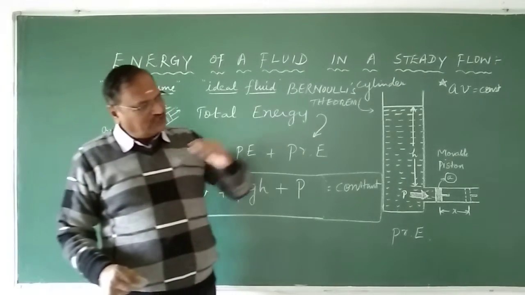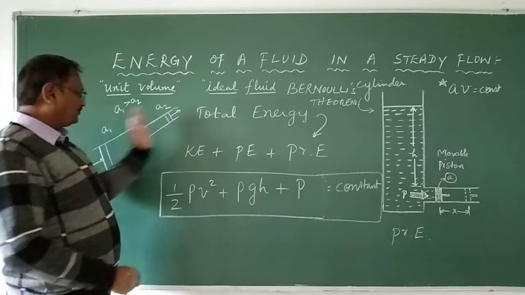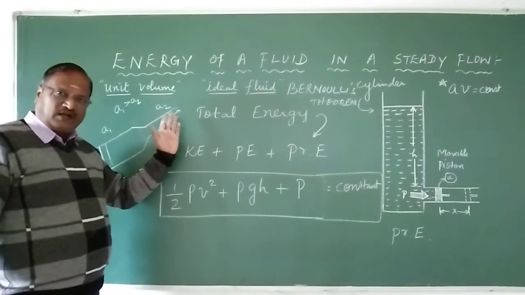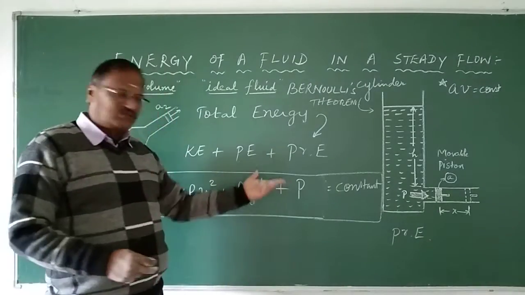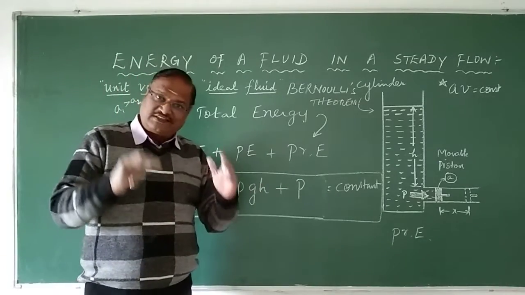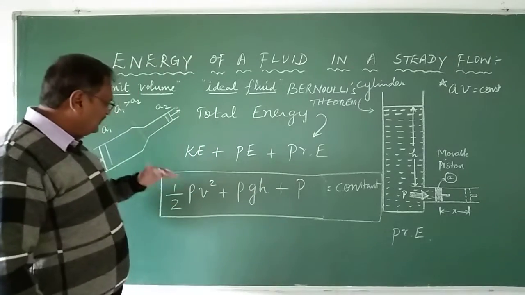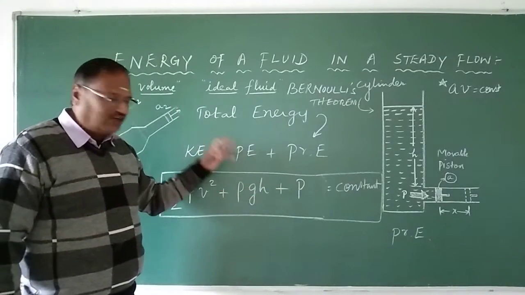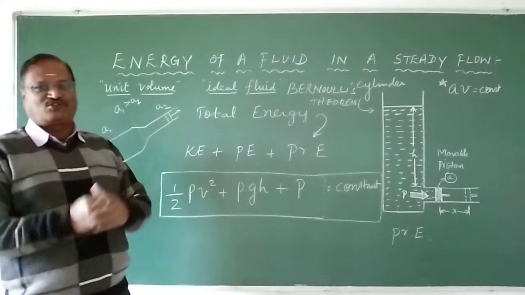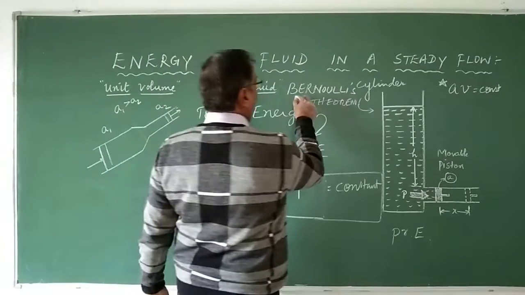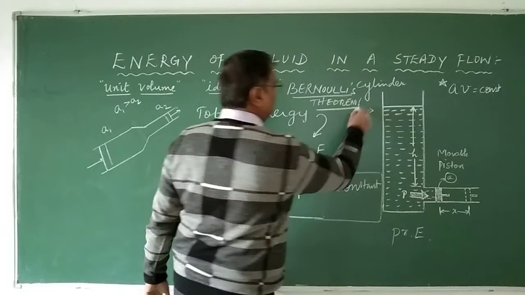The liquid is flowing from here to here with varying cross section, or even the same cross section, it doesn't matter; only small factors will change. Then you will find that the total energy inside that liquid due to its flow will remain constant, and that is called Bernoulli's theorem.